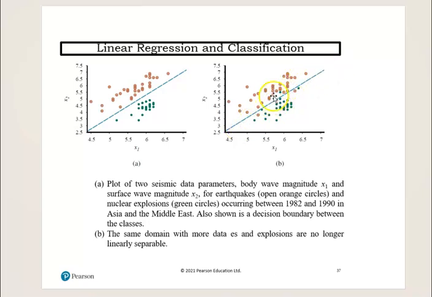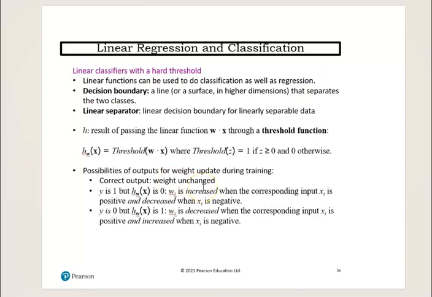Because if you look at this line, above the line we do have a nuclear explosion, and below the line here you have a couple of earthquakes. So that means this data is no longer linearly separable. It cannot be separated by a simple straight line.